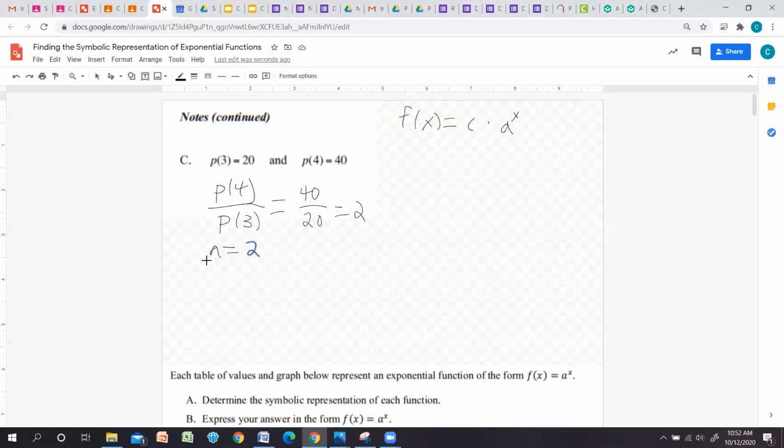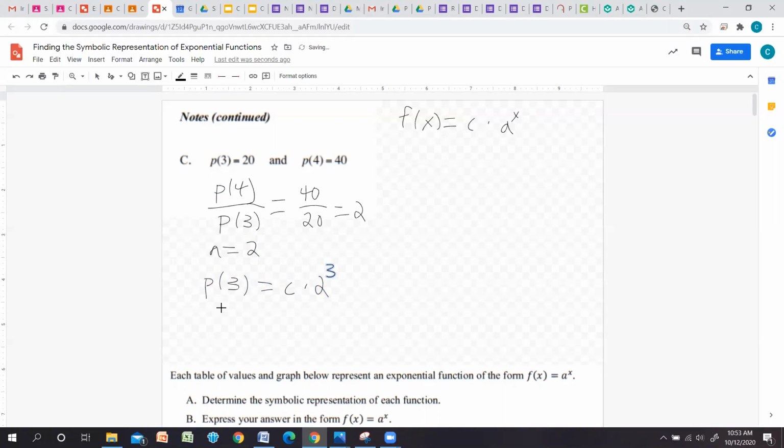Okay, now to find the initial value, we just plug in. Let's use this value here, P of 3 equals 20. So P of 3 equals C times 2 to the power of 3.